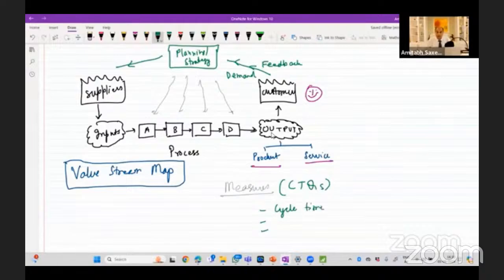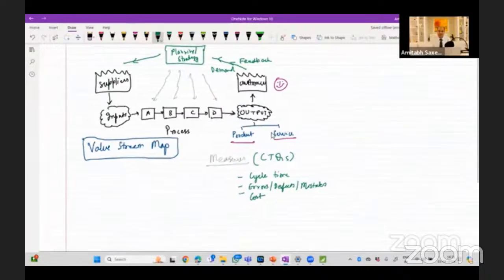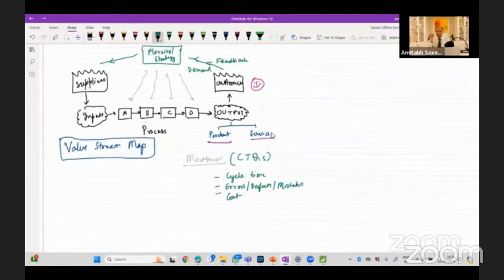Definitely three measures. One is the cycle time. One is the errors. Errors means the quality: mistakes, defects, defectives, the number of mistakes you commit, the number of defects you make. And also the costs. Apart from that, the customer would be interested in other measures. If you are from a hospital, the customer would be the patient.